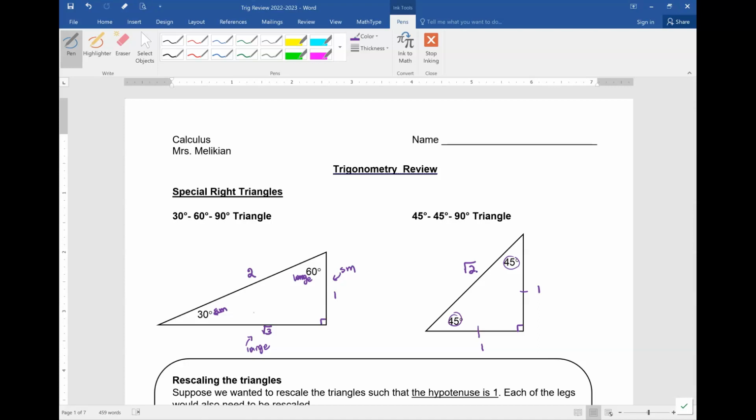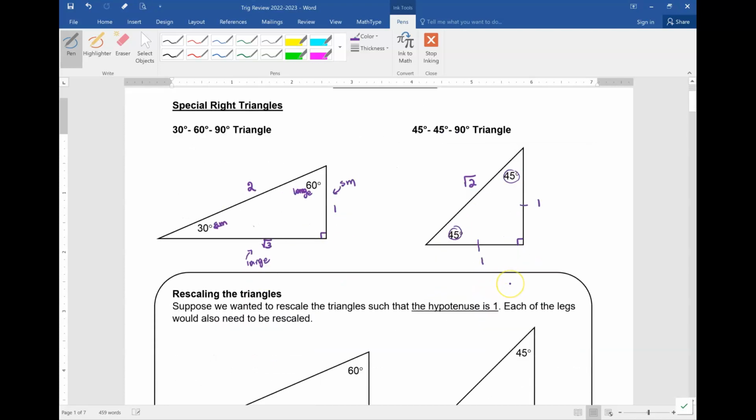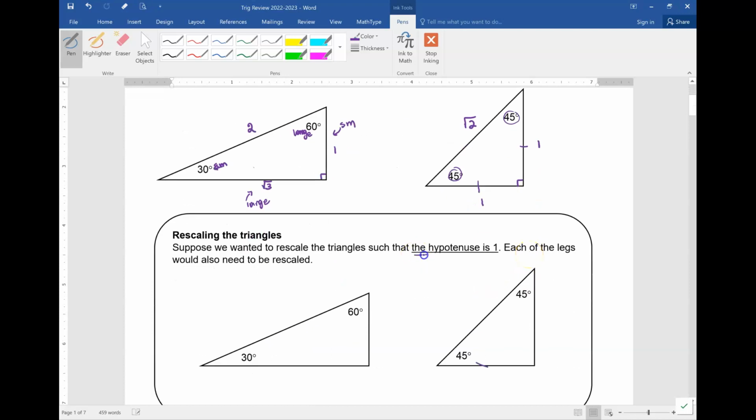And in order for us to be able to use these in the unit circle, we have to rescale the triangles so that the hypotenuse is a length of 1 only. So in this triangle on the top left, if I want to make the hypotenuse a 1, I have to divide that by 2. Then I have to do the same thing proportionally to all the other sides, divide them each by 2.